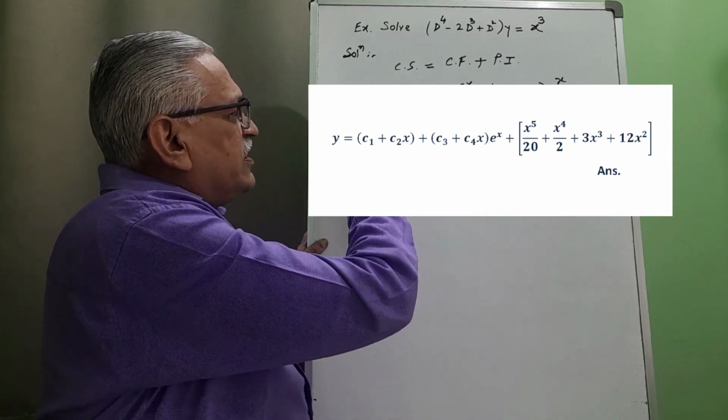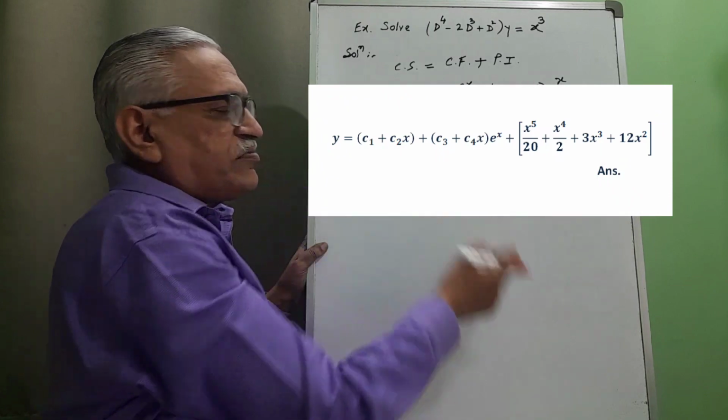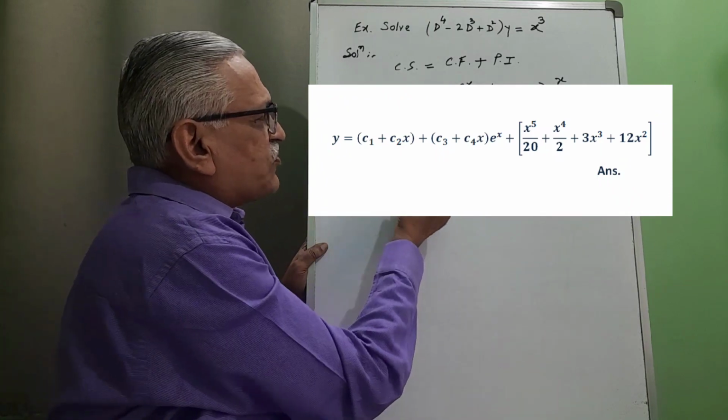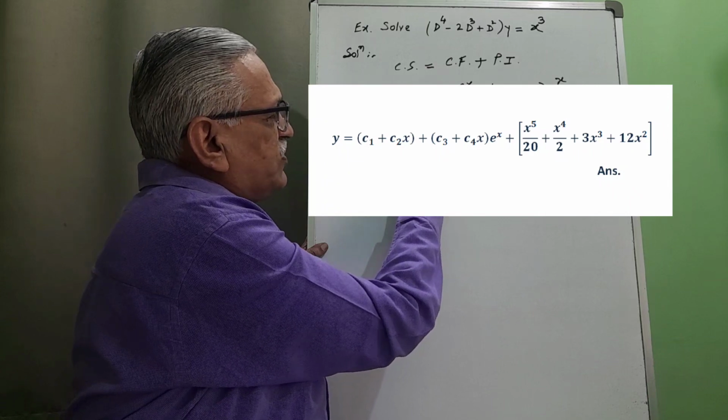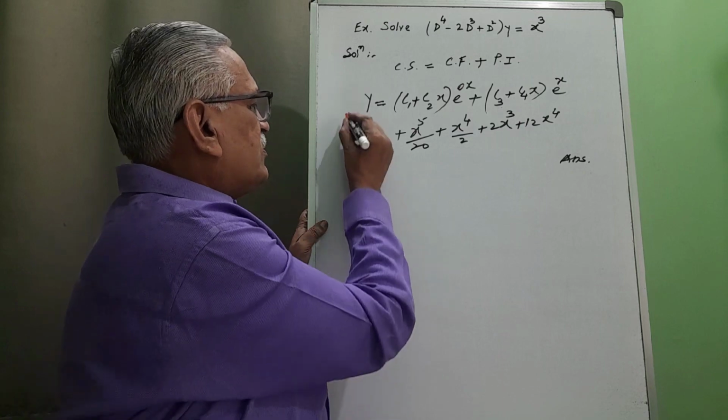Solution is nothing but a relation between the dependent variable and the independent variable x with some arbitrary constants. Those arbitrary constants are here C1, C2, C3 and C4, 4 arbitrary constants.